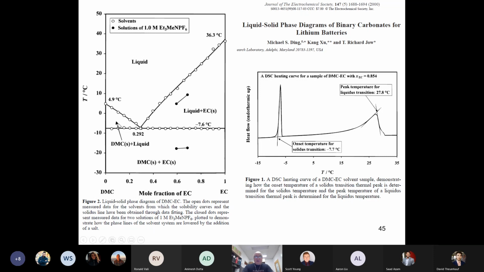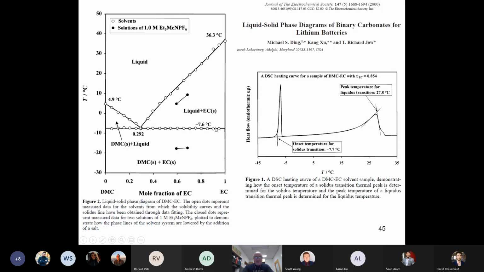So between the solidus curve and the liquidus curve, as you move up, you're continually melting more and more of the sample at a higher and higher rate. Where is this here? This is for EC 0.854. Okay, so that's over here, 0.854. So you hit the solidus at minus 7.6.